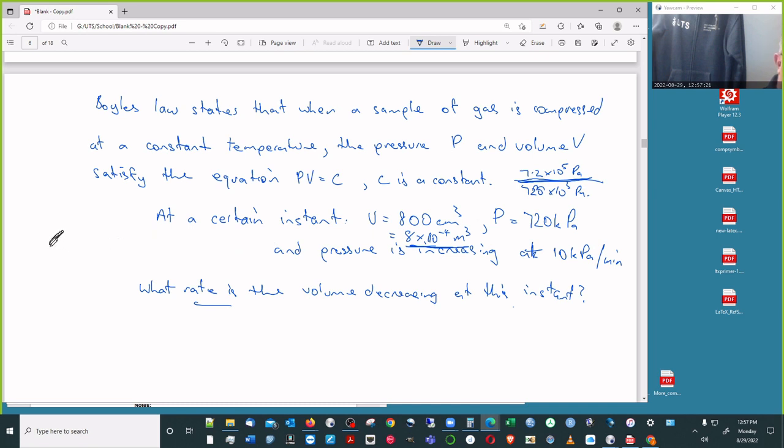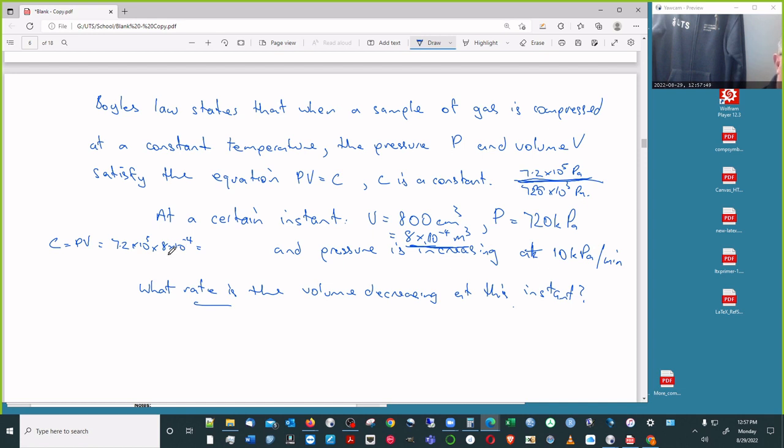Now, what's our constant? Our constant is PV, which we just changed them to 7.2 times 10 to the 5 times 8 by 10 to the minus 4. Okay, so that's not too bad. 5 minus 4 is 1, so it's 10.